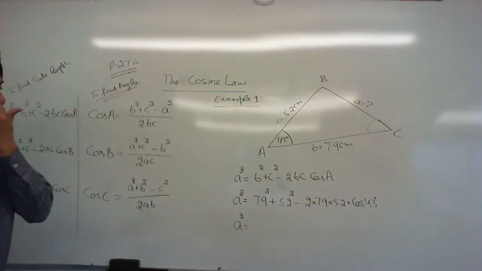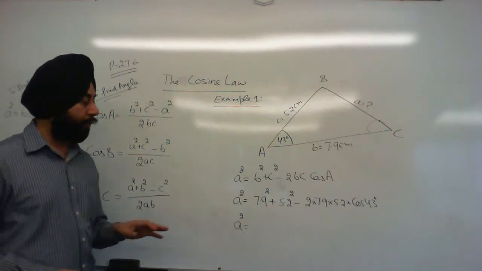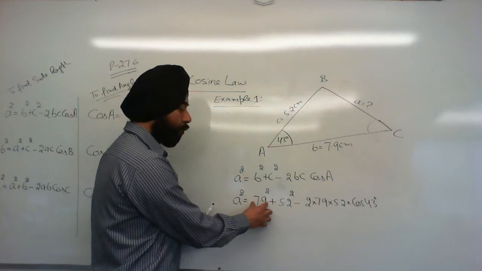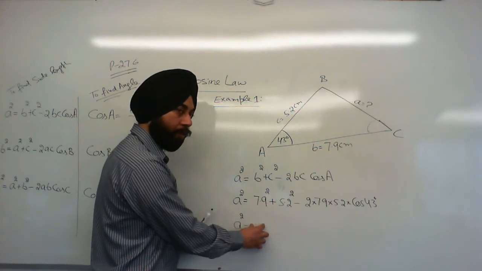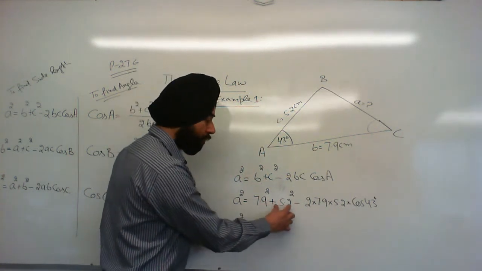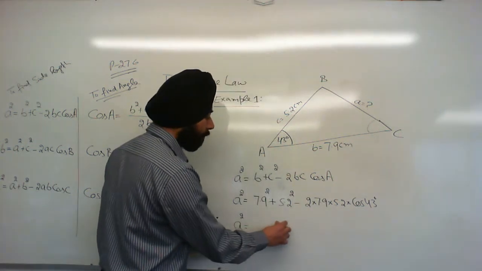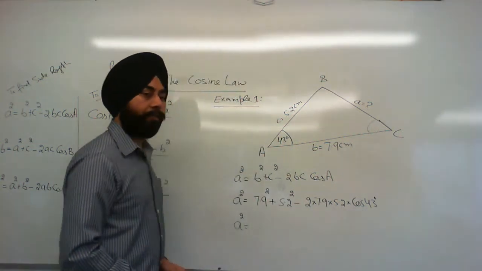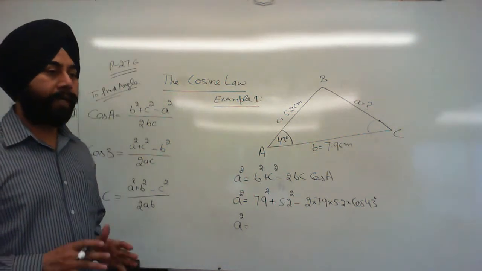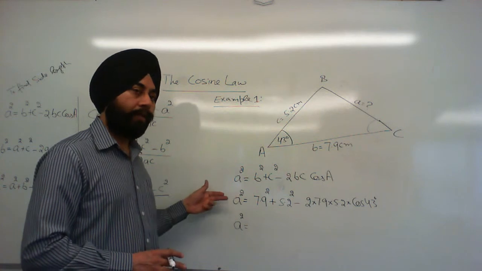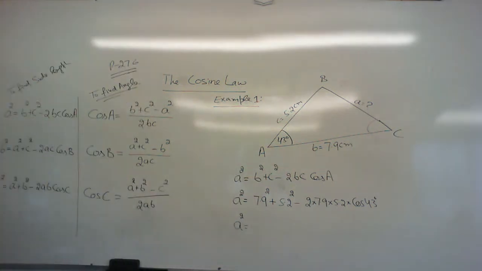Okay, use the calculator to find it. If your calculator can't handle it in one step, this is what you do. First square this, write it down, square this, write it down, then find this thing, write it down, and then add the first two numbers and subtract the final number. If your calculator can handle it in one step, just enter the numbers and you get the result.